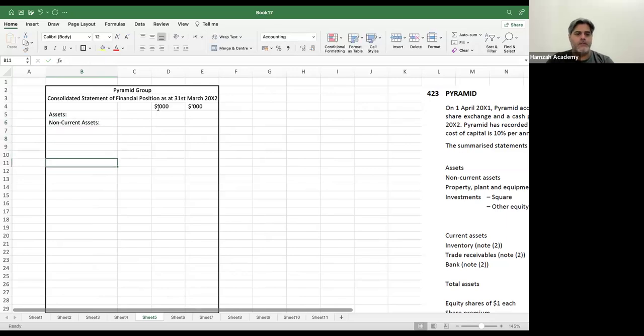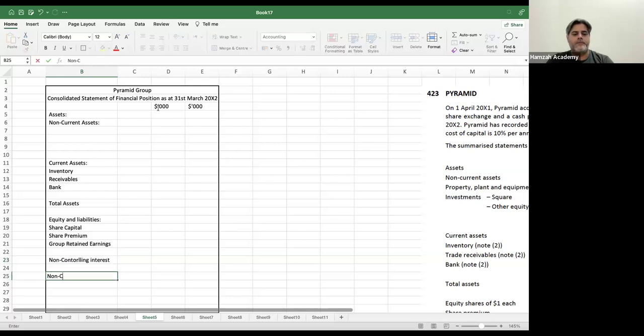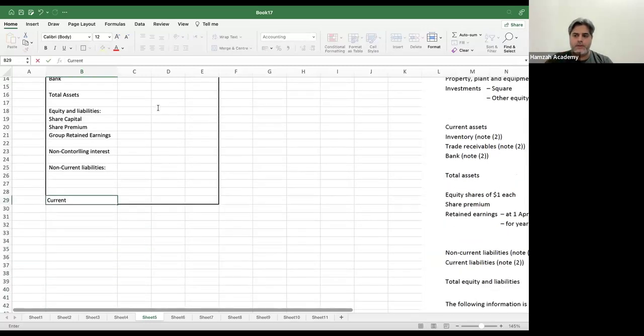Non-current assets, current assets, total assets, equity and liabilities, share capital, share premium, group retained earnings, non-controlling interest, non-current liabilities, and then, oops, we are not left with the current liabilities over there.